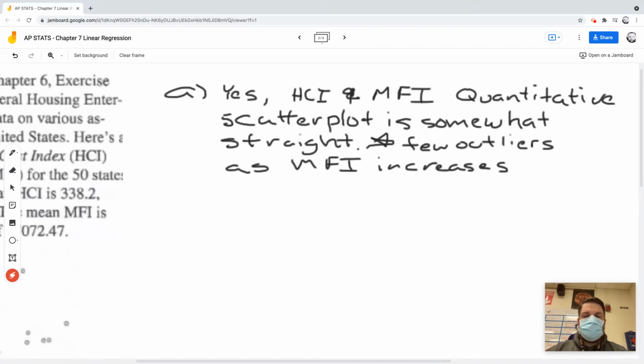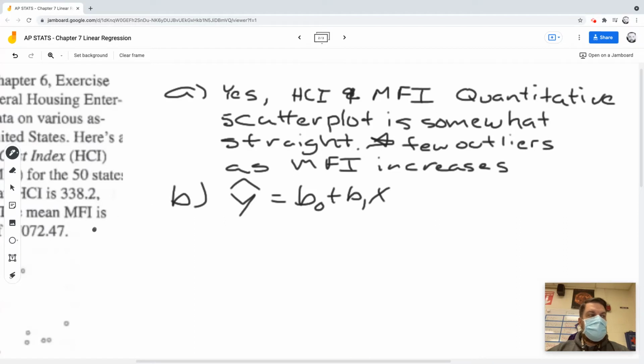So remember, y hat is equal to the y-intercept, which we call b naught, plus the slope of the line, which is b sub 1, times the x value. So now I've got to figure out what b1 and b naught are.